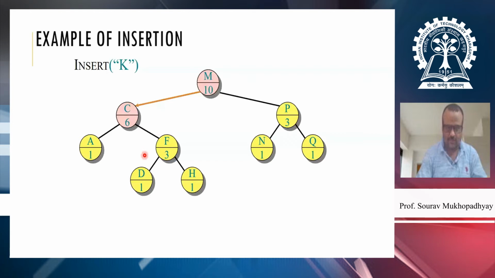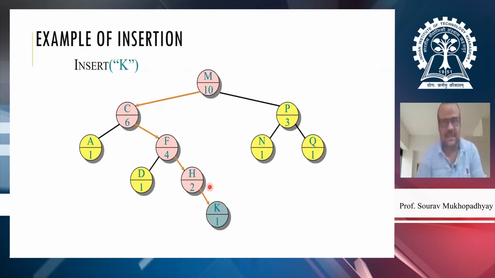K is greater, so we have to go to the right part of the tree. This is a recursive call until we reach a nil node. Again we check with this. Again k is greater than f, so we go here. Again k is greater than h, so we go here and we insert k over here.